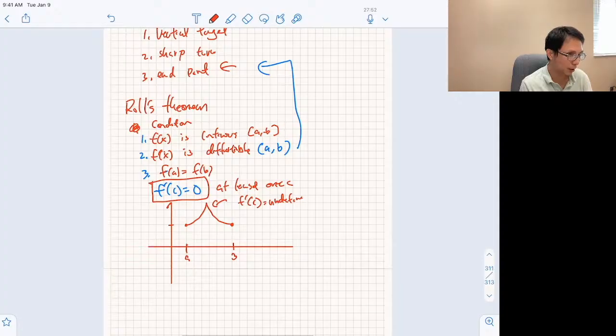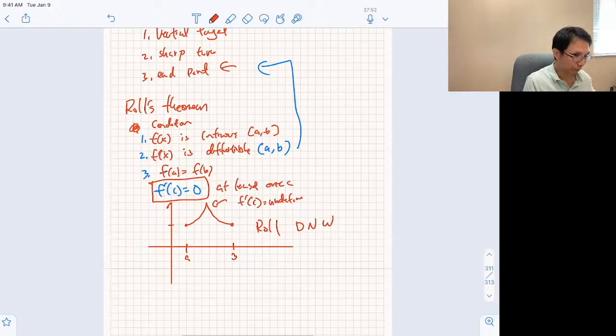So in this case, Rolle's theorem doesn't work. Why does it not work? Because it's not differentiable. So that's what you need to understand. Okay, so that is one of the first cases.